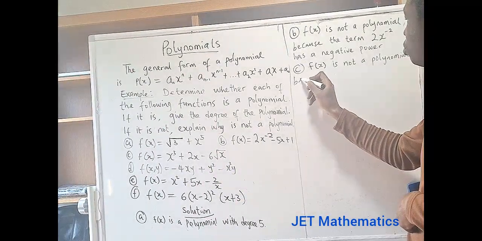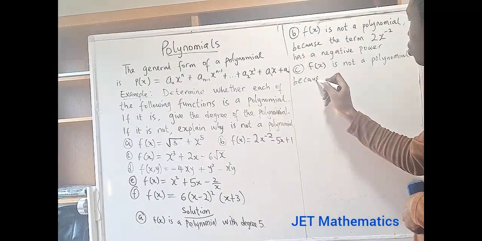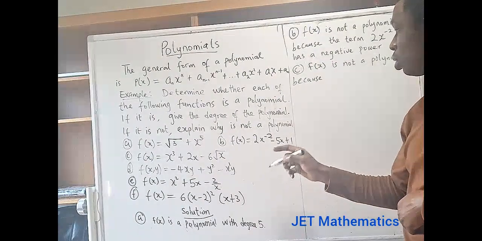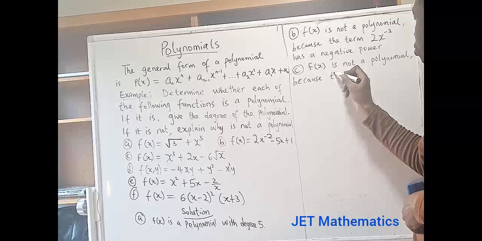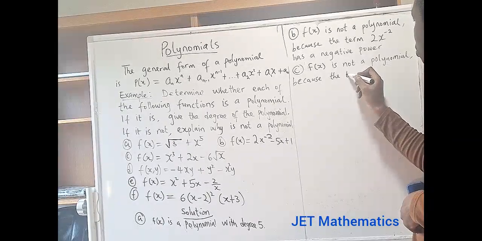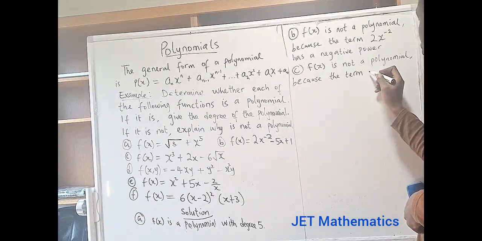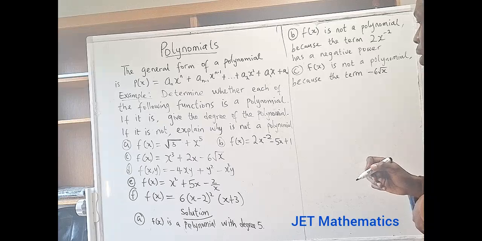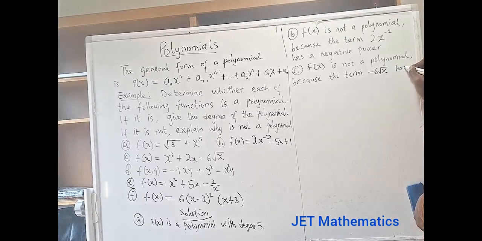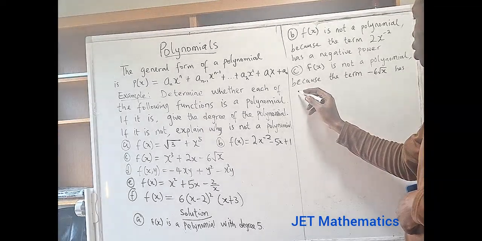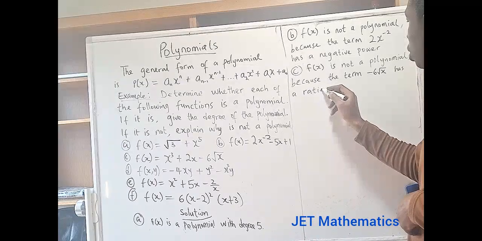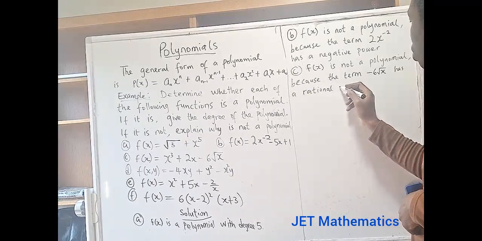Because the term minus 6 root x has a rational power.